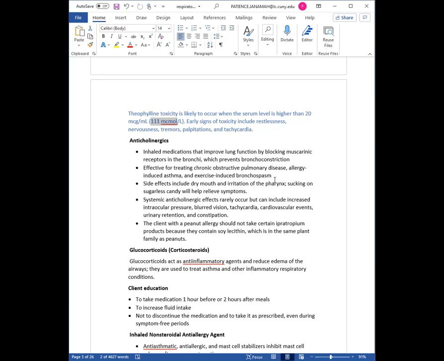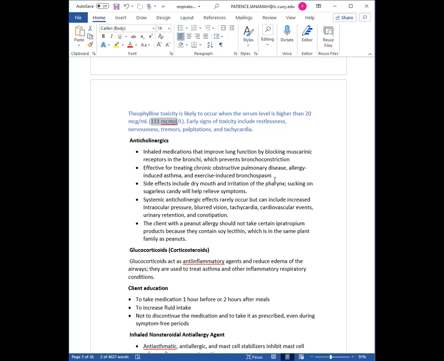The first line of treatment is bronchodilators, which is the albuterol family, and the anticholinergic is ipratropium. When you are giving ipratropium and albuterol together, those are two different medications. Albuterol is a bronchodilator and ipratropium is an anticholinergic.